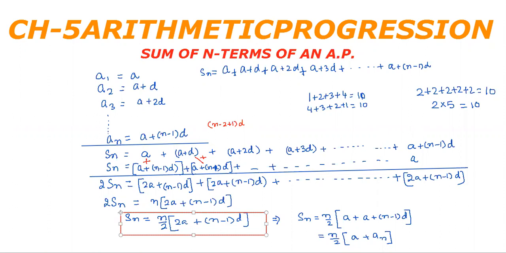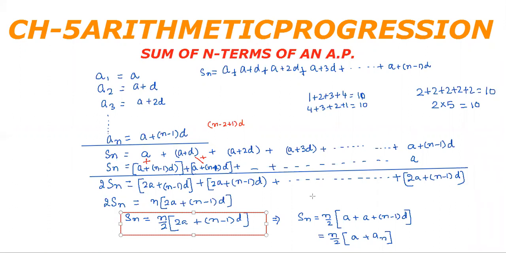Children, the derivation of this formula will not be asked in the exam, but once we learn how we are getting this formula, things become easy for us to remember. So I hope now it is logically clear how we are getting it, and it will be easy for us to remember this formula in future.